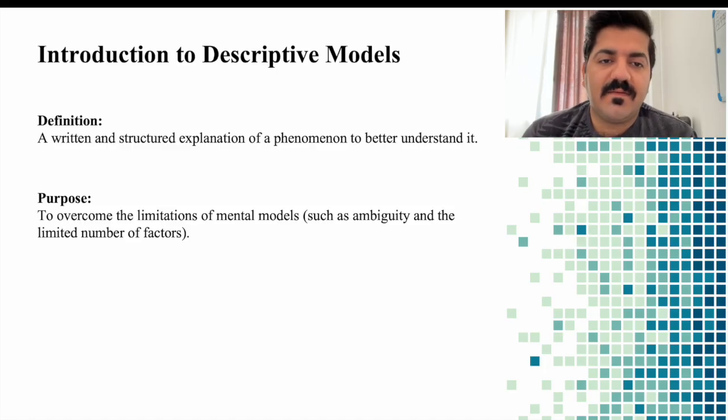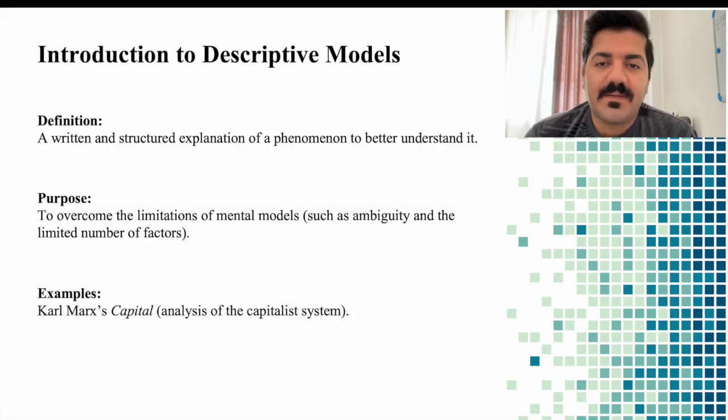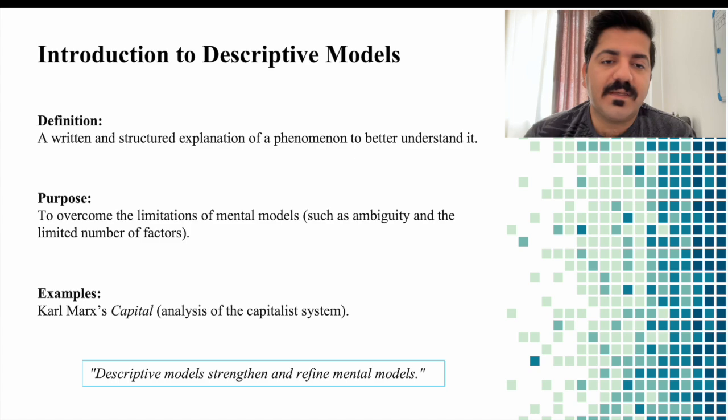First, they fix mental models' weaknesses. Mental models can't handle many factors. Descriptive models help. For example, Marx's Capital breaks down capitalism step by step, way clearer than a gut feeling. How do descriptive models help?